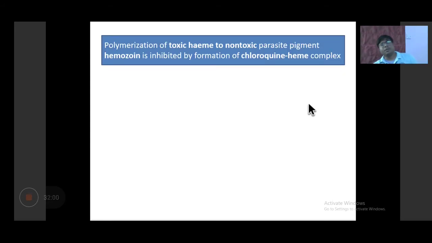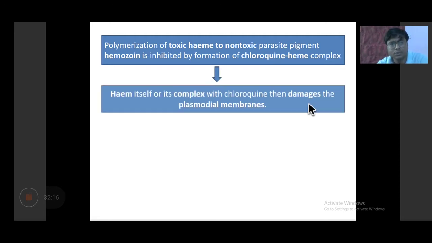Now the polymerization of toxic heme to non-toxic parasite pigment hemozoin is inhibited by formation of this chloroquine-heme complex. So this chloroquine-heme complex is now preventing the conversion of toxic heme to non-toxic pigment hemozoin.